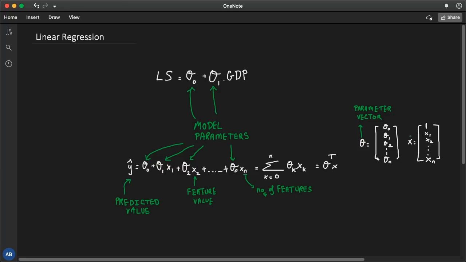Also, we will be referring to x as a feature vector because it contains all the feature values with 1 in the first entry. Now, you might find in some references that people prefer to call this theta transpose x as h of x, where h is h sub theta. And why is that? It's because h sub theta is the hypothesis function using the model parameters theta.